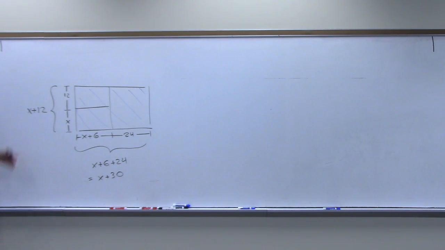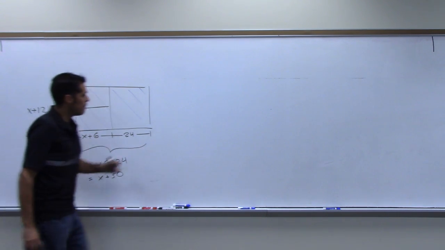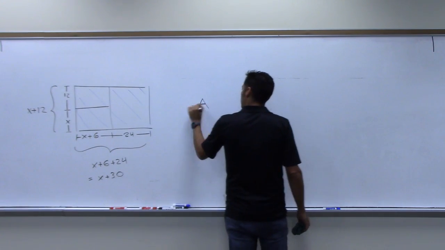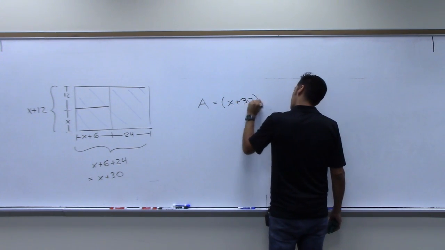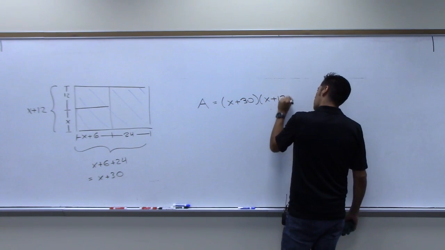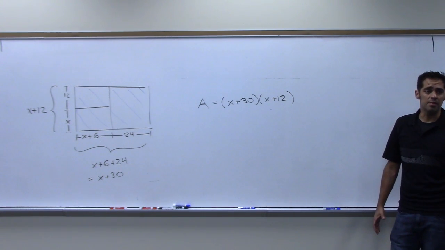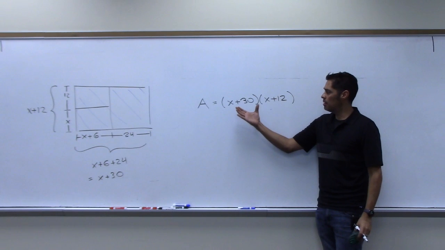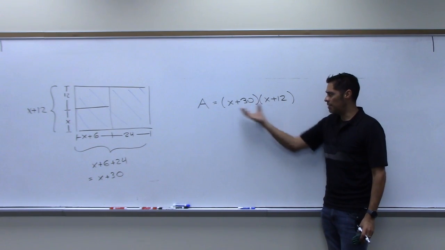And so to find the area, I multiply this side times this side. I have to have them in parentheses to do this. It's the entire side times the entire side, or the length times the width.